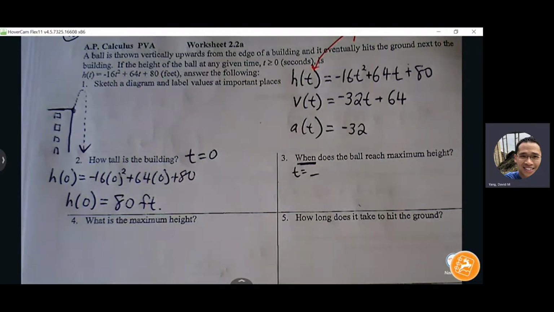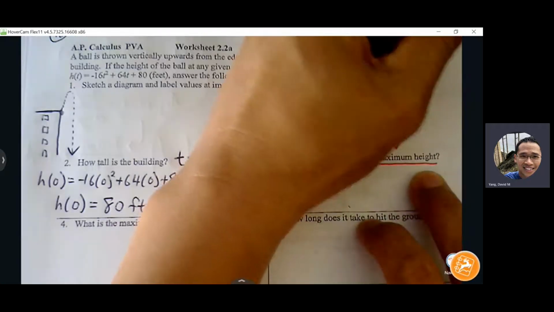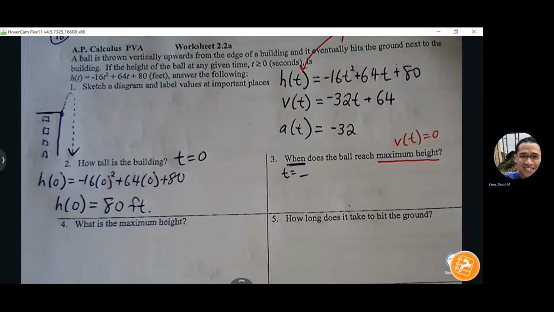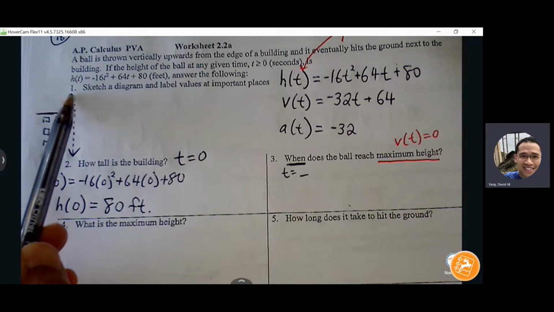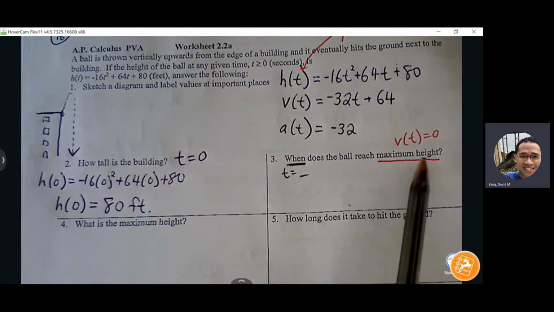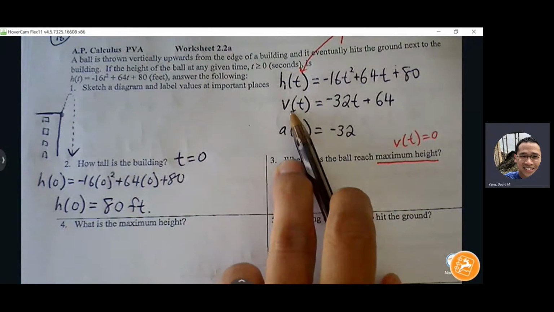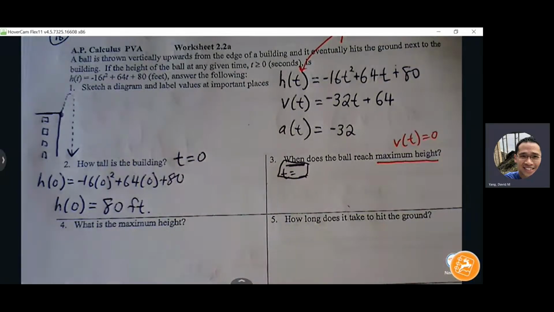So we know that maximum height, at least for this problem, is going to be associated with when velocity is what? Velocity is 0, right? It's not the case for every problem, but in this problem, we picture that happening. It's going to hover for a moment, motionless before it starts its descent down, and that moment of motionlessness is also going to correspond with maximal height. So what we can do is set velocity equal to 0 and solve for t, because when velocity is 0, that is the time when we expect maximum height to be reached.